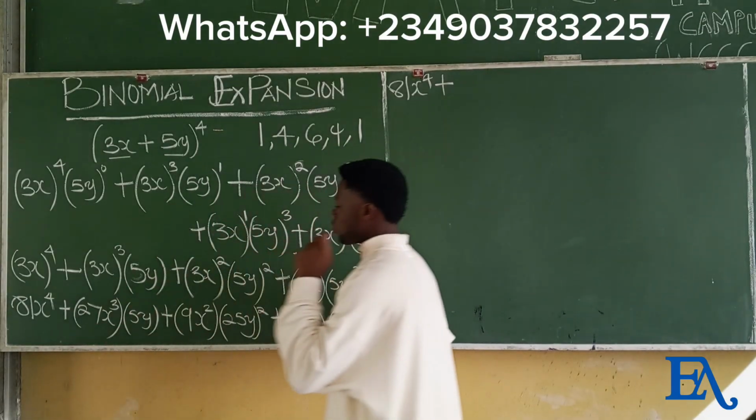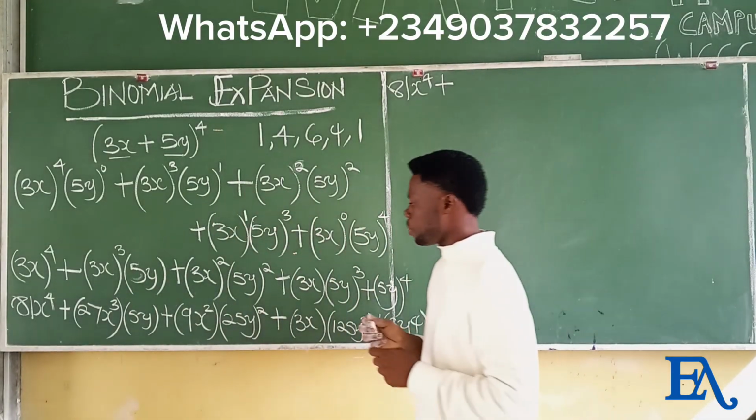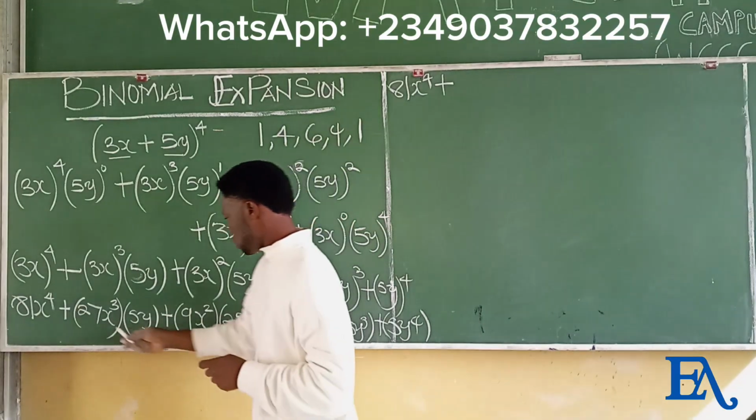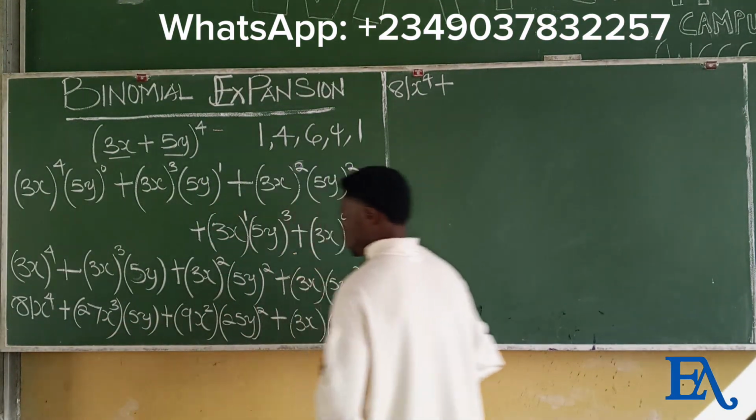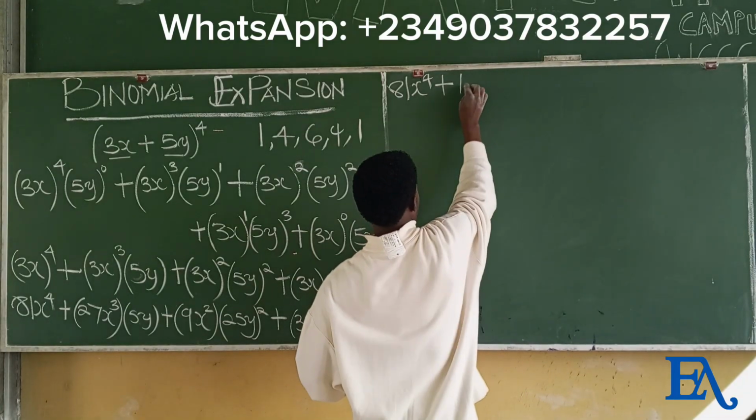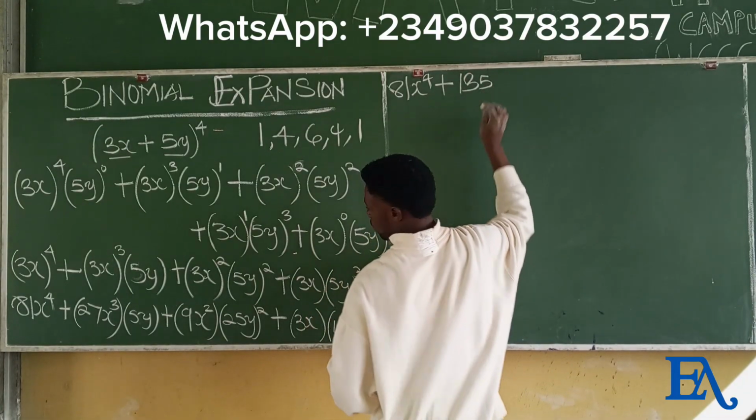27. Let's multiply the coefficients together. Then bring the letters also together. So we have 27 times 5. And 27 times 5 gives 135.